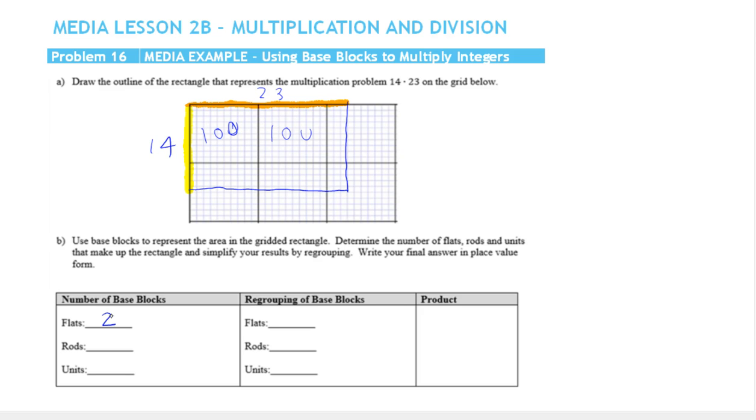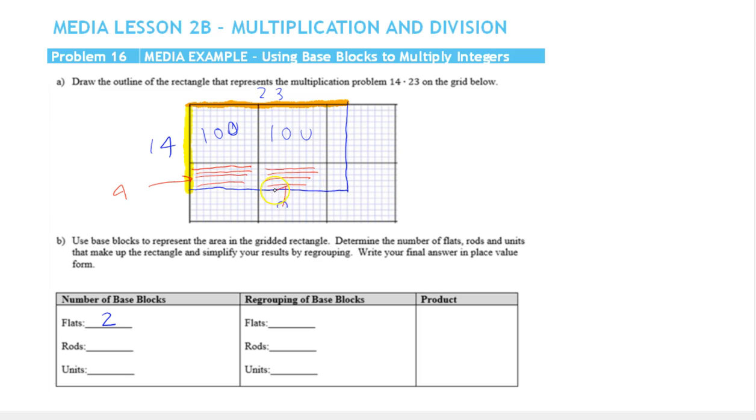Now let's look at rods. So let's get a different pen. Okay, so I want to find as many complete rows or columns as I can. So notice here's a row, 2, 3, 4. So here there's 4 rows or 4 rods. And here's another 4 rods.